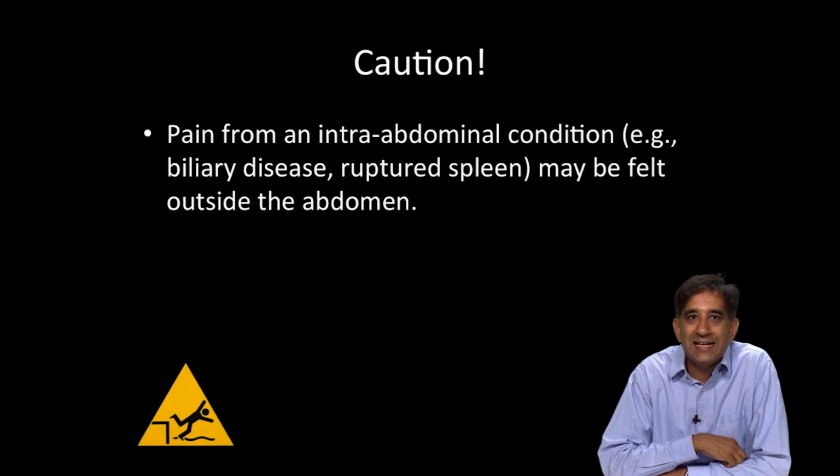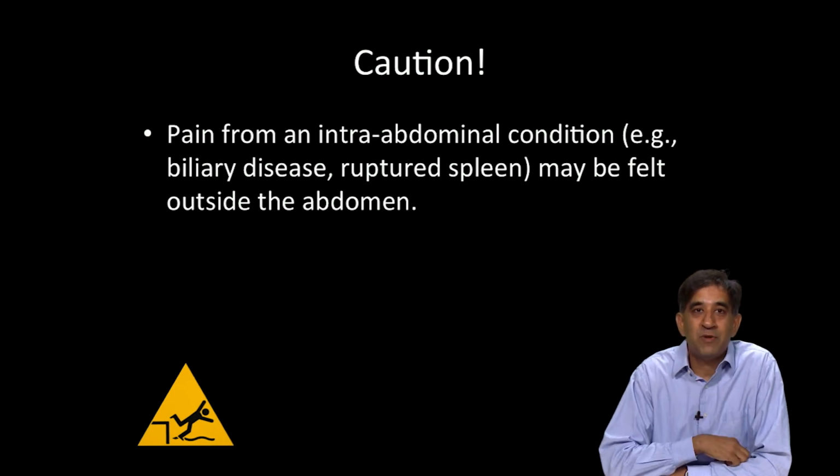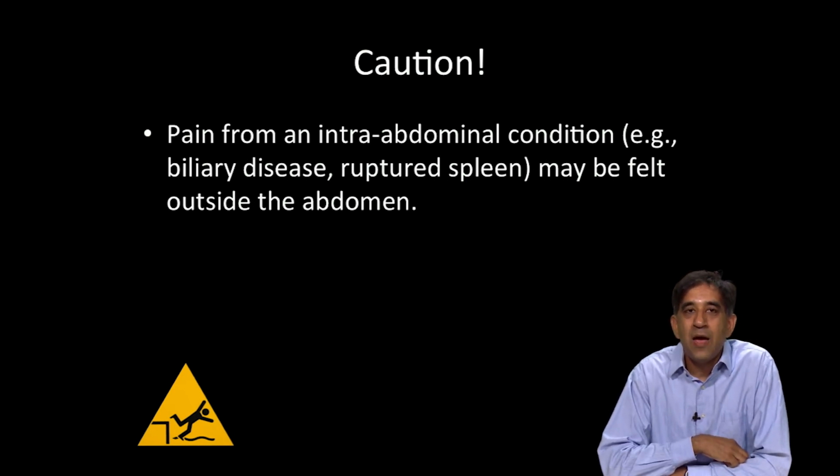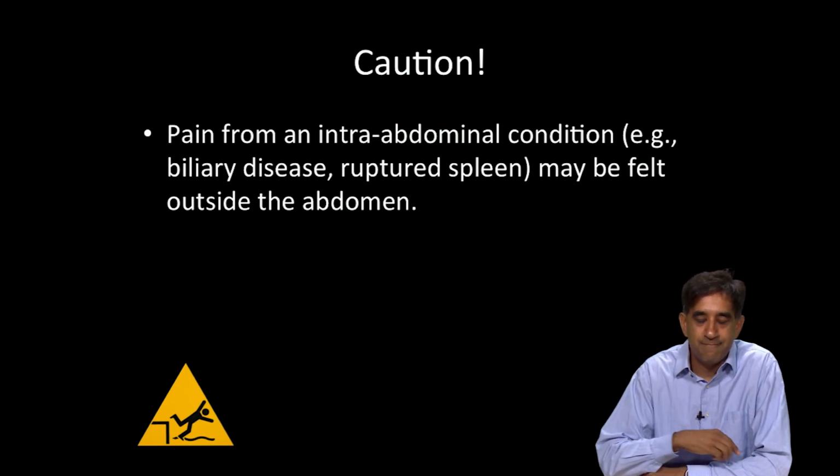Keep in mind that pain from an intra-abdominal condition like a gallbladder issue or ruptured spleen may not be felt in the abdomen, it may be felt outside the abdomen. So someone with biliary disease may complain of right intrascapular pain. Someone with a ruptured spleen may complain of left shoulder pain, and they may not complain specifically of abdominal pain.